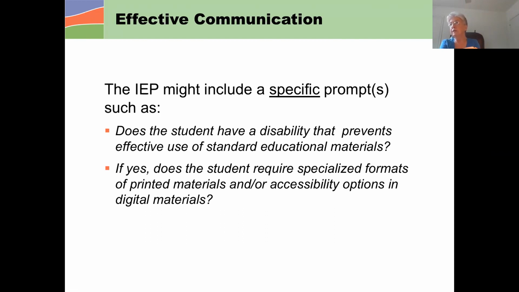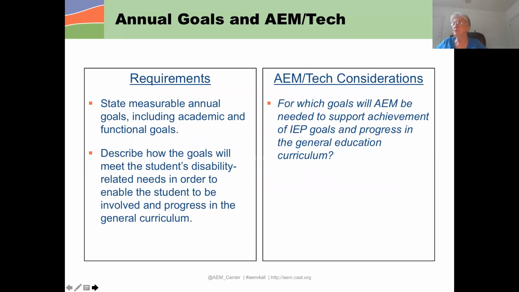Well, we've heard from many school districts and state agencies that they are including the consideration of assistive technology and accessible technologies as a sixth special factor. So that's something you might mull over a little bit and consider how that might work, because we do want those prompts there. Joy, would you review for us about annual goals?